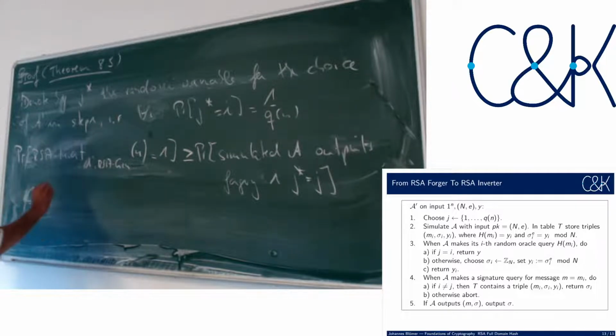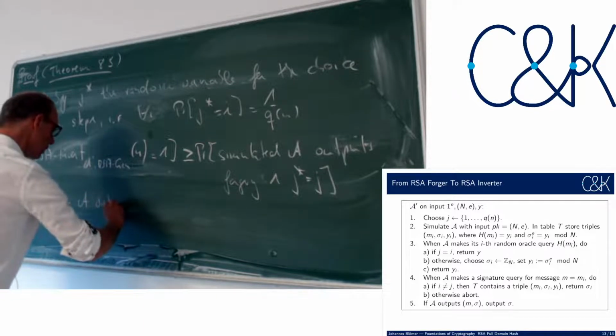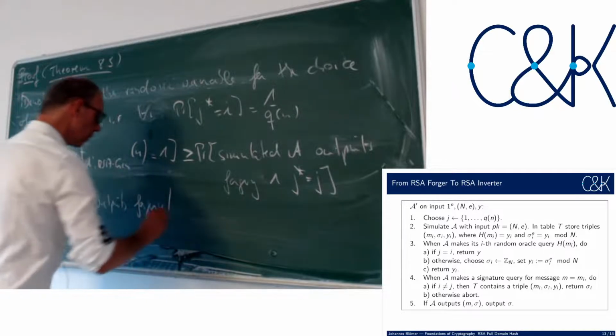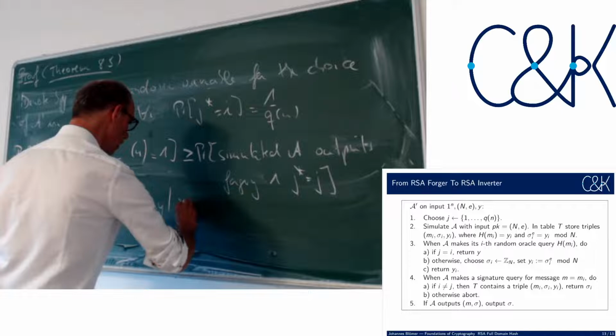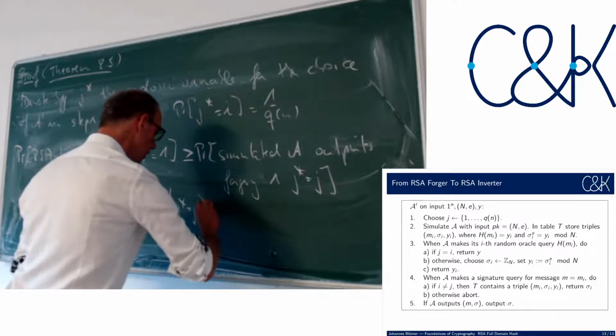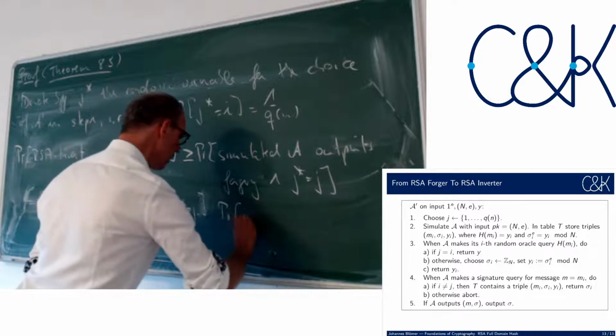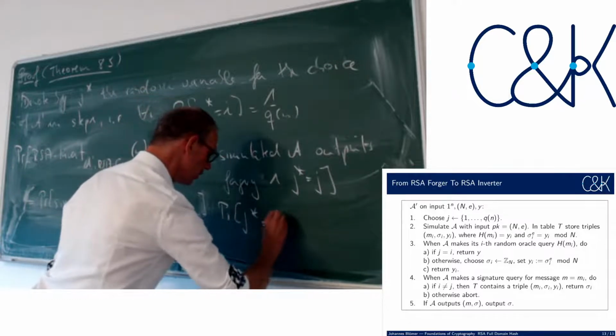This is the probability that simulated A outputs a forgery, conditioned on J star being J, times the probability for J star being J.